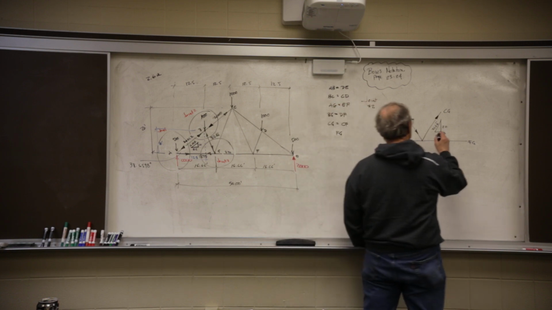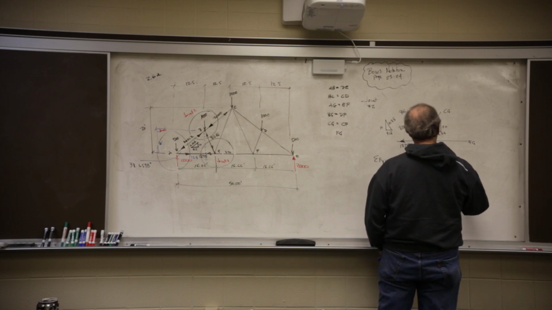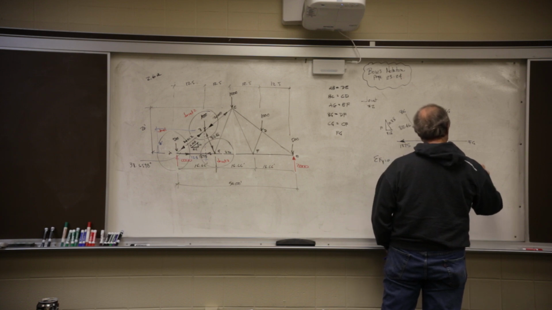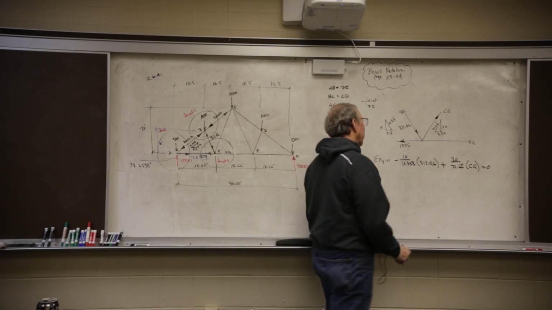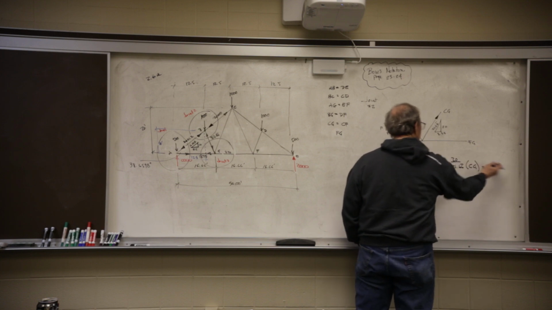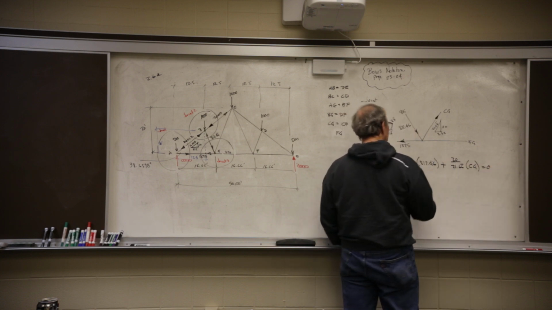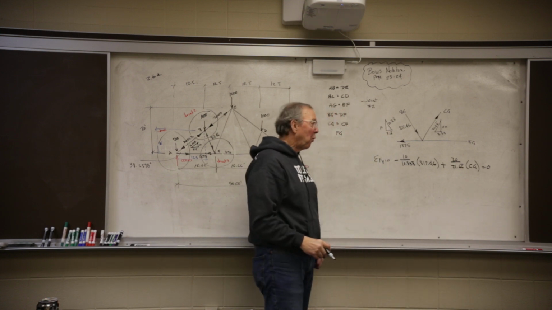Okay? So this one is going to be a plus 20 over 21.66 CG. And if you do the math, I think you're going to find out that both sides are positive. If you divide it by that, I think you're going to get a 1.